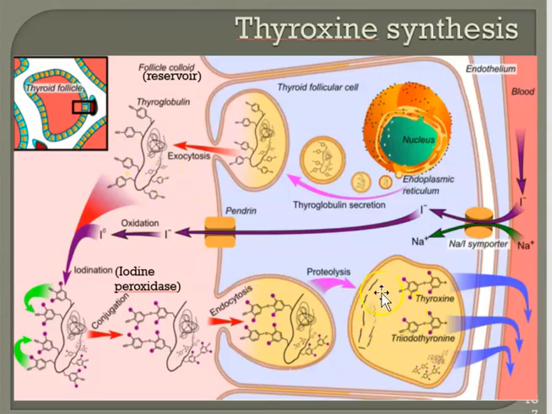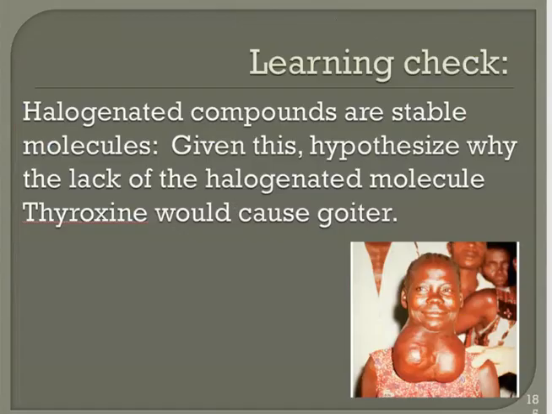We're not getting any thyroxine, so your cells think you need to make more, hurry up, we need more. And then all of a sudden those cells begin to expand and blow up, and you get this goiter formed. That's likely the cause, overworking the thyroid gland and causing that type of swelling.